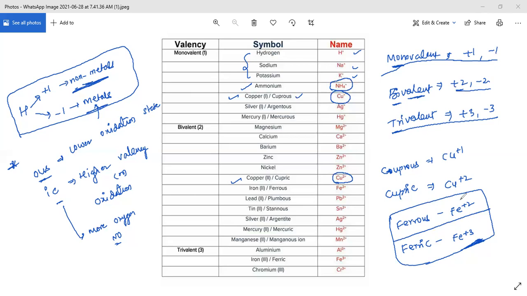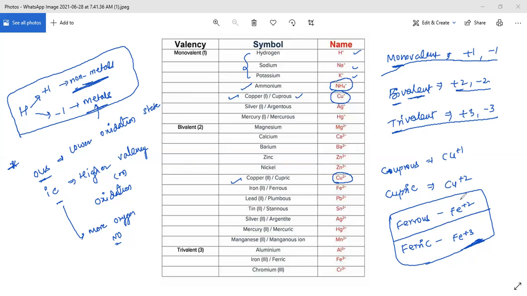Isn't it supposed to have +3 or -3 charge? No, ferrum will not show a minus charge at all because it is a metal.